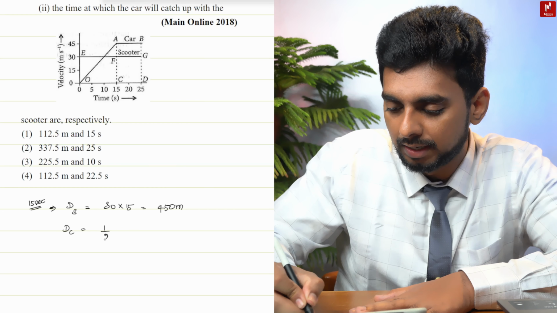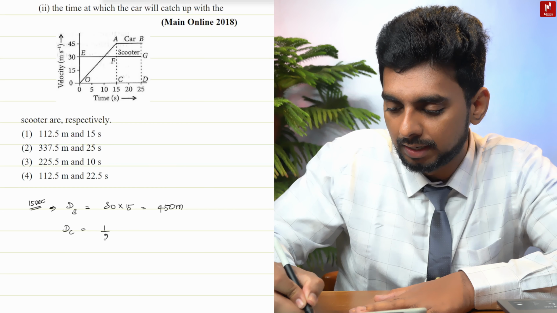So what should be the time? The time is something that I need to get. So t is something that I need to get, right? Then what I need to know is what could be the distance that was covered by the car. So it should be 337.5 meters plus some constant velocity that was equal to 45 multiplied by the leftover time.